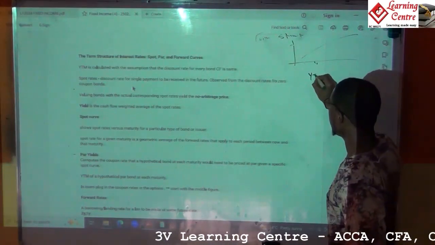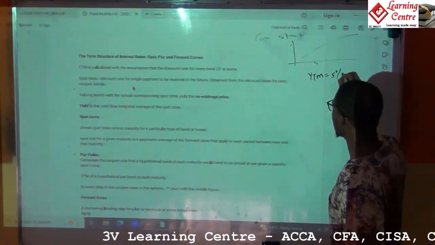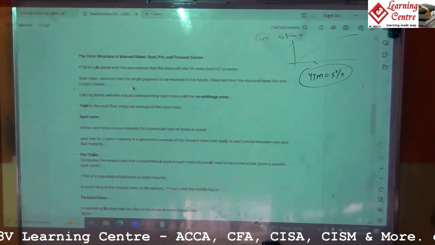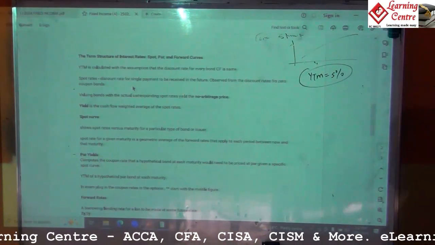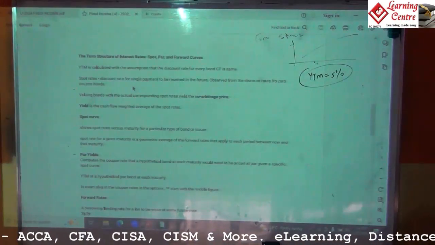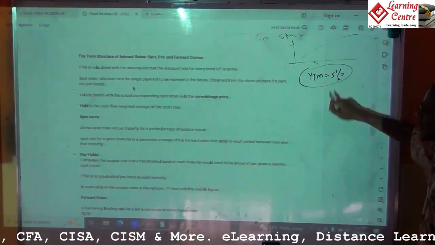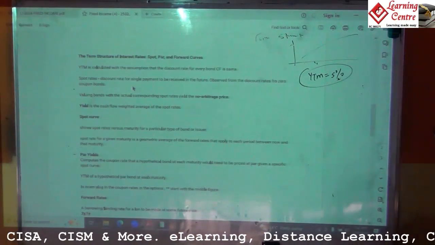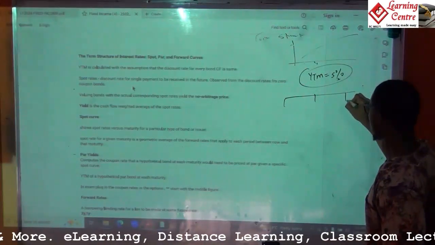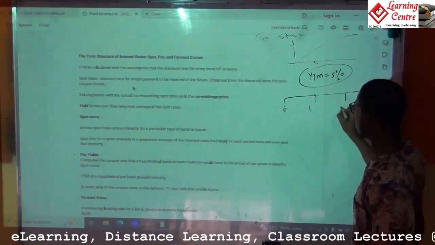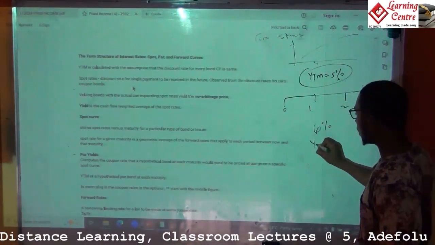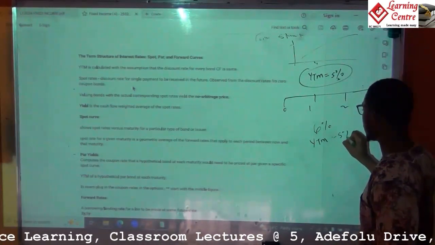When we say the YTM on a bond is 5%, there's an inherent assumption in this. And that assumption is that all the cash flow that I earn is being invested at this same yield. So this is a 3-year bond that pays a 6% coupon. You calculate the YTM as 5%.